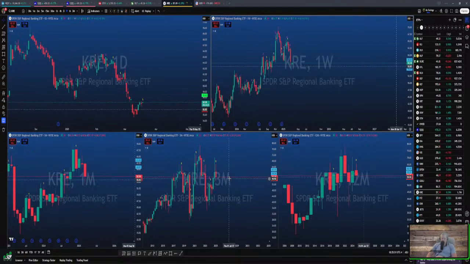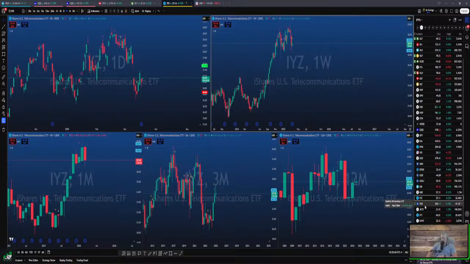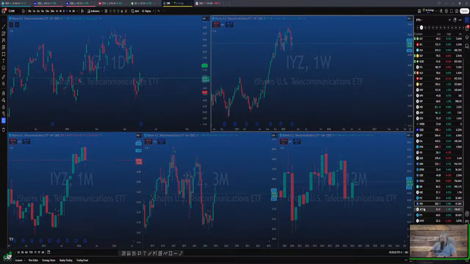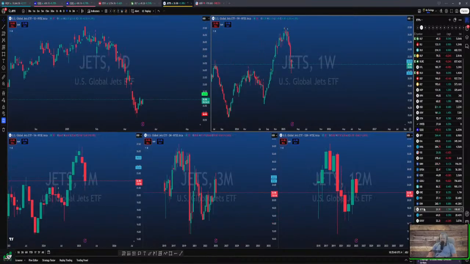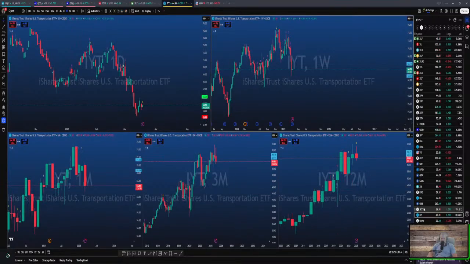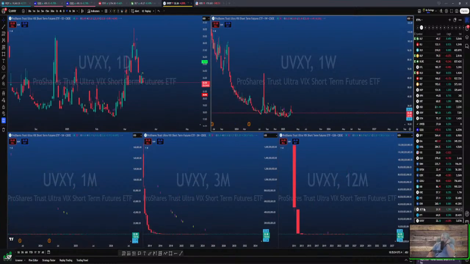So short on regional banks, no setup on the top. Jets short. Nope. Yep. All right. No triggers after that.